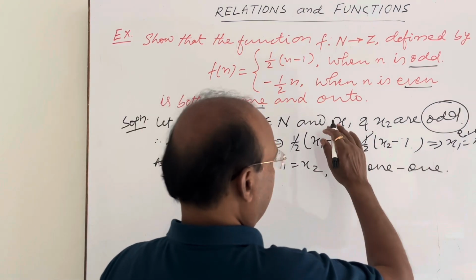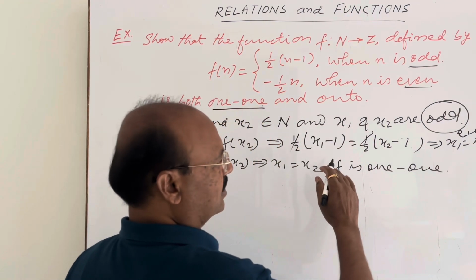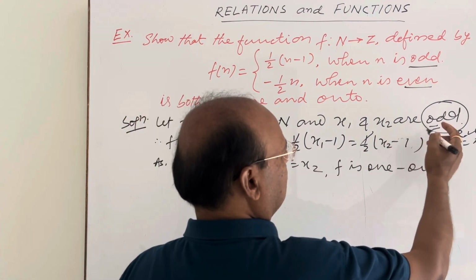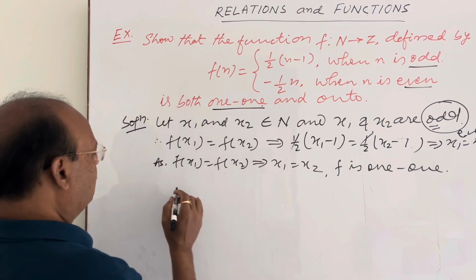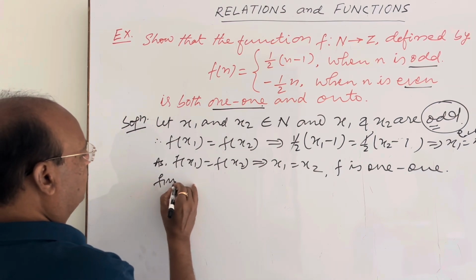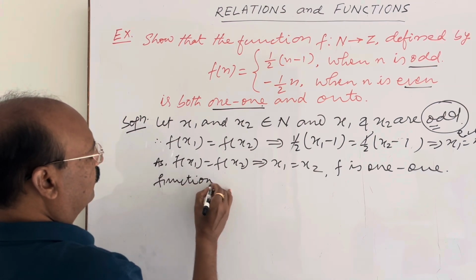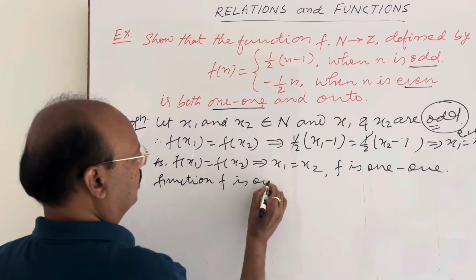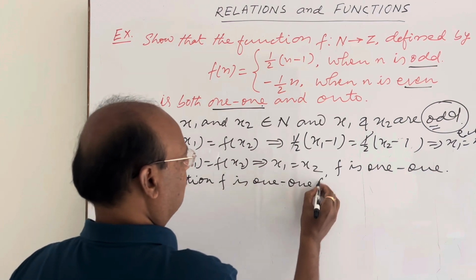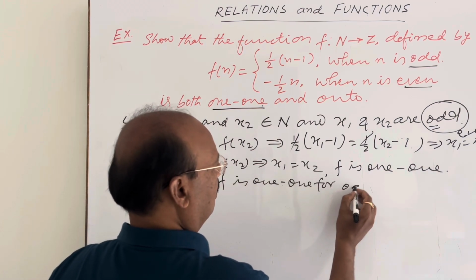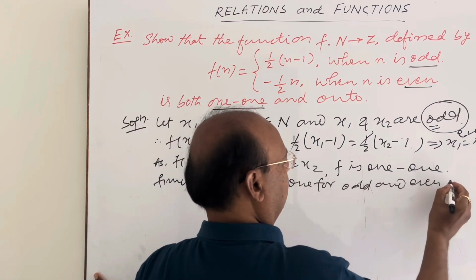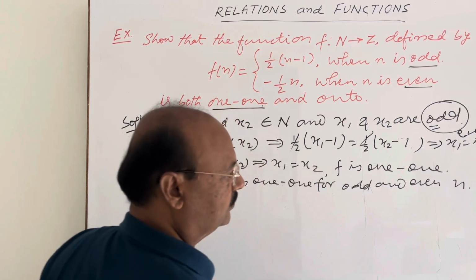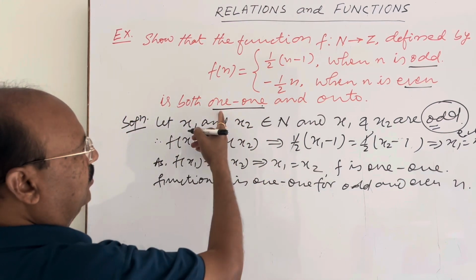We have to show this step once again, simply replacing the word odd by even, and we can write the conclusion that the function f is one-one for odd and even n.